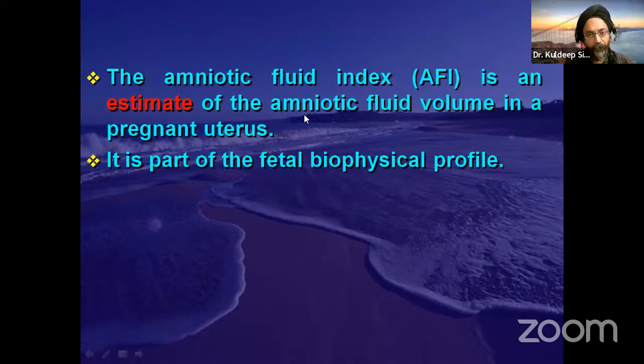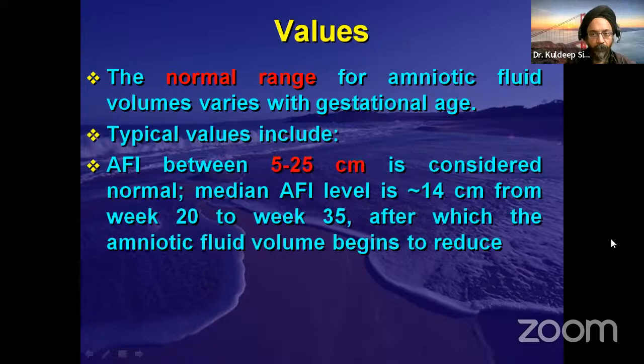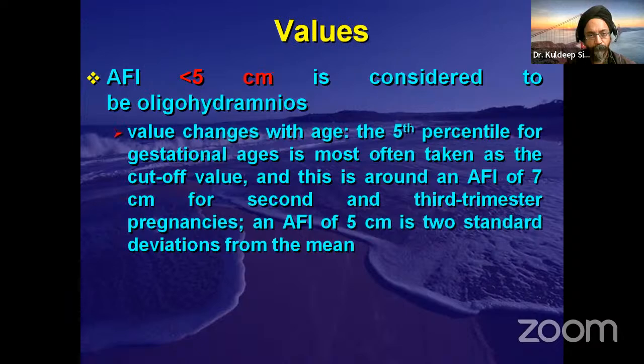The amniotic fluid index is an estimate of the amniotic fluid volume, and it's also a part of the biophysical profile. The normal range varies with gestational age. The typical values 5 to 25 centimeters is normal, a median of 14 centimeters from 20 to 35 weeks. And after that, the amniotic fluid volume begins to reduce. If it's less than 5 centimeters, you're thinking of oligohydramnios.